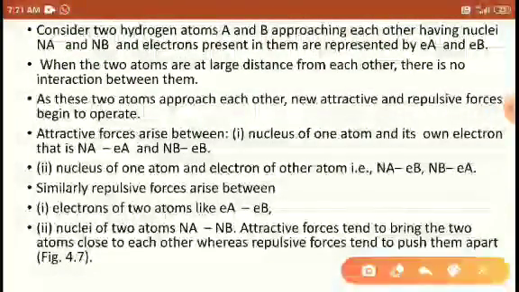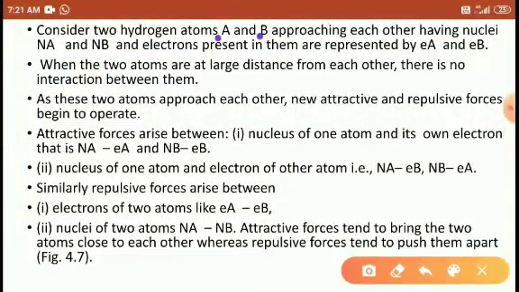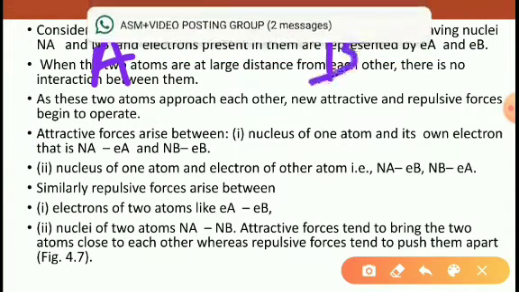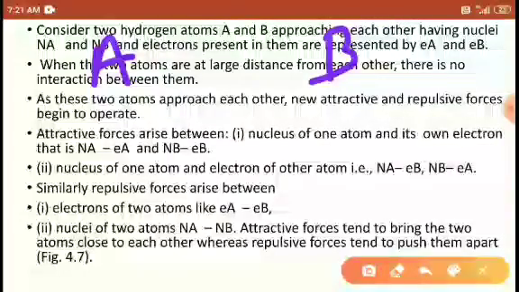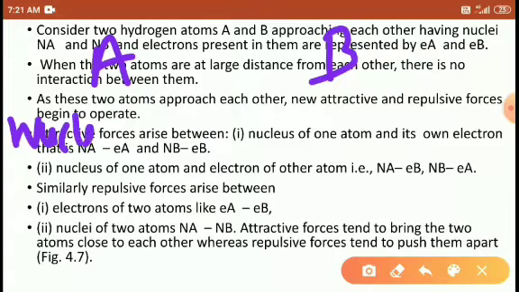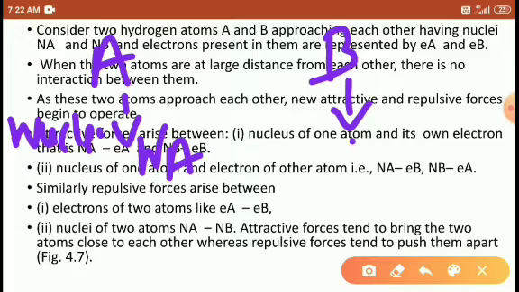Consider two atoms A and B approaching each other, having nuclei Na and Nb, and the electrons present in them, Ea and Eb. Right, two atoms A and B. A atom's nucleus is Na, B atom's nucleus is Nb.